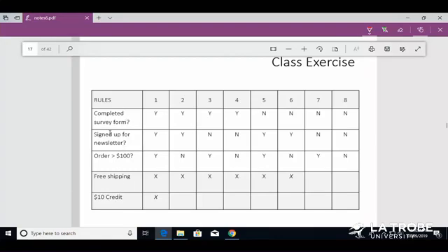So again, since we have 3 conditions, all right, so 3 conditions.